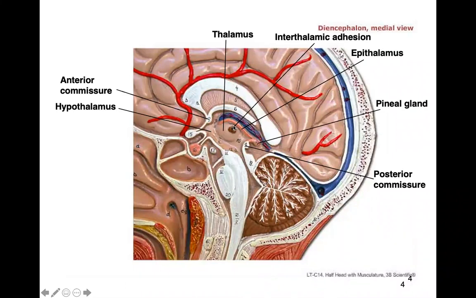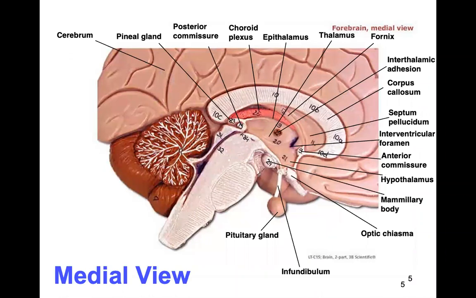Interthalamic adhesion, thalamus, hypothalamus, pituitary gland, optic chiasm, pineal gland. If I don't mention it, then don't worry about it. If you don't see me or hear me mention it, don't worry about the structure.